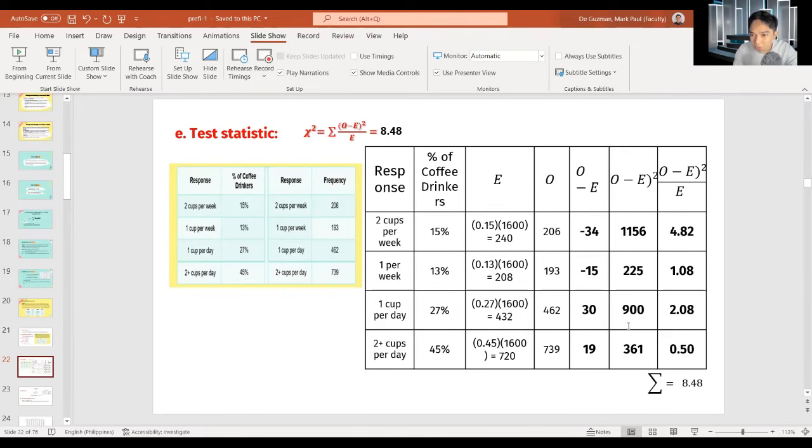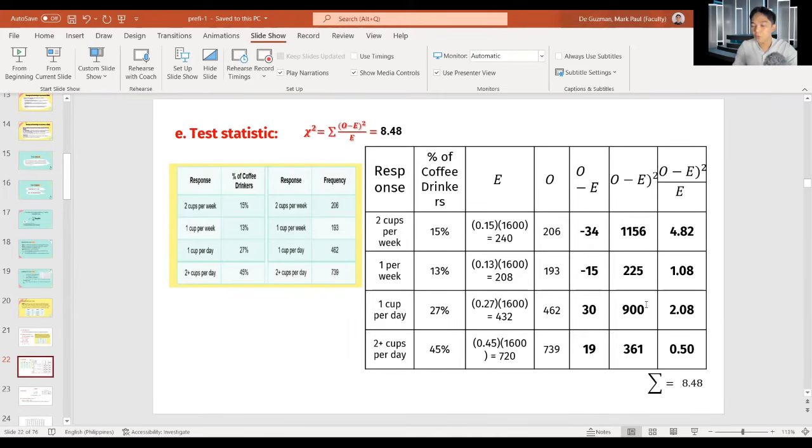At since meron na tayo nito, i-divide lang natin siya sa ating E. Ano ba yung E natin? Ito yung mga E natin. So, mas maganda na meron kayong calculator dyan para ma-check ninyo na 4.82 nga yung lalabas kapag dinivide natin ng 1,156 divided by 240. In decimal, 4.82. Tama? Next, 225 divided by 208.